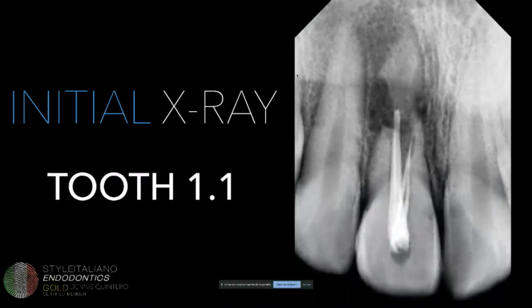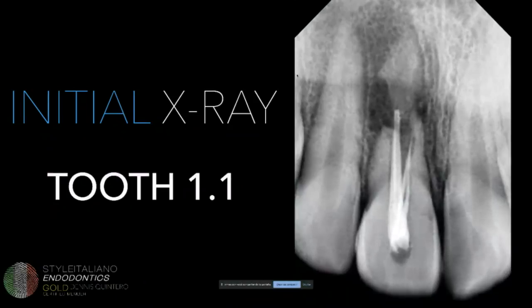So this case was very challenging because the prognosis of this tooth was very bad, and I have to explain to the parents that the prognosis is not good to keep this tooth because of the age of the patient.